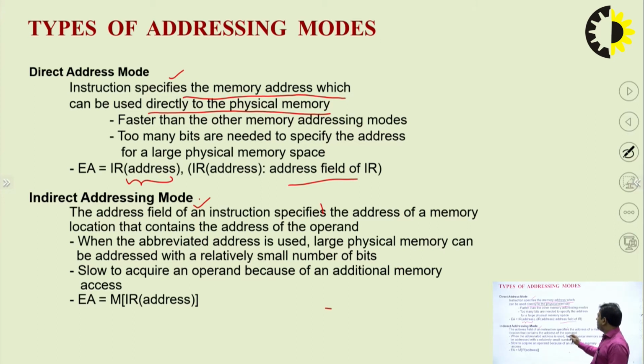So the address field of an instruction specifies the address of a memory location that contains the address of the operand. This is slower compared to the previous one, because it is a two-step fetch of the operand: once you find the address, you go to the next memory location, then find the operand there.